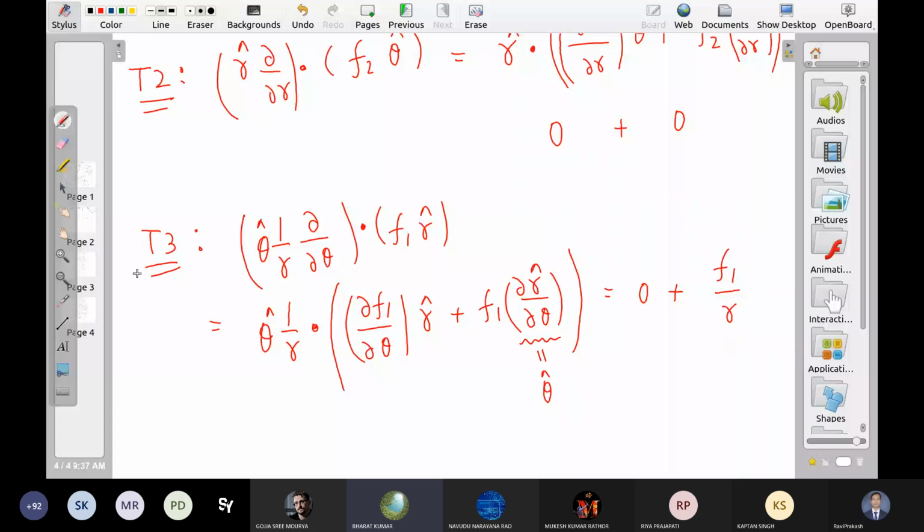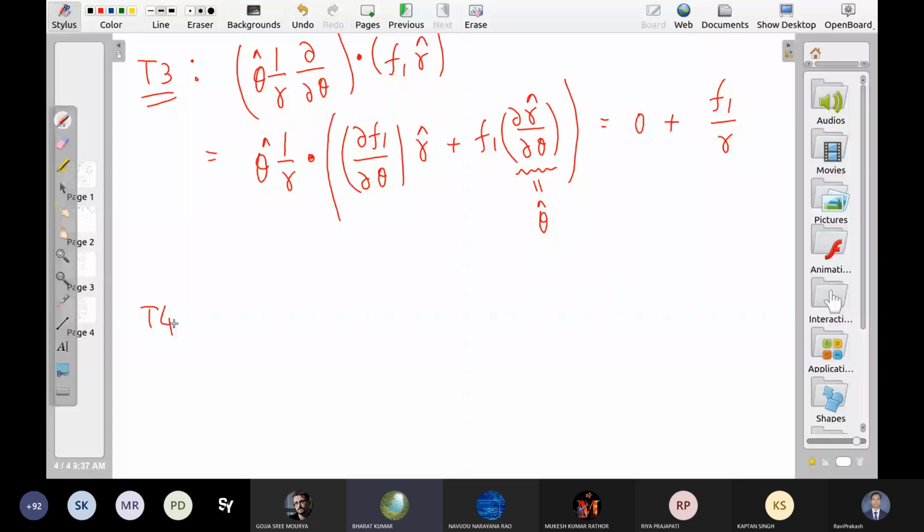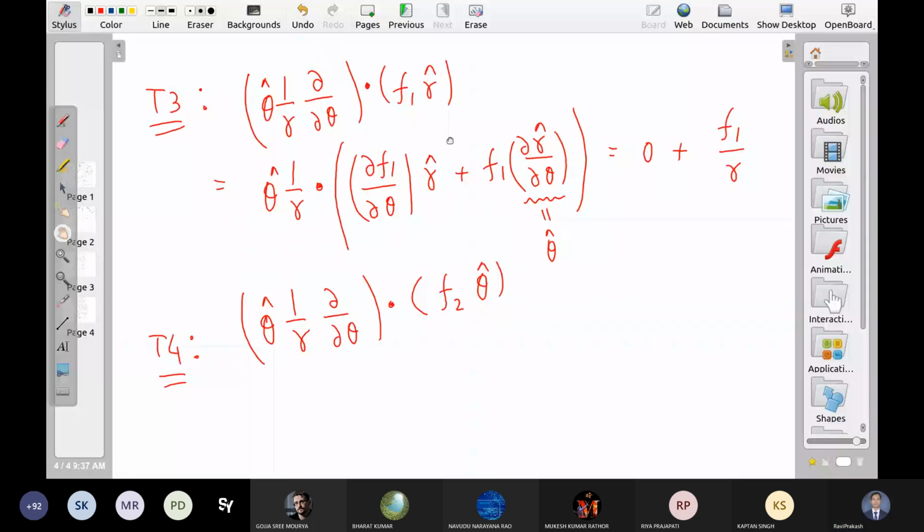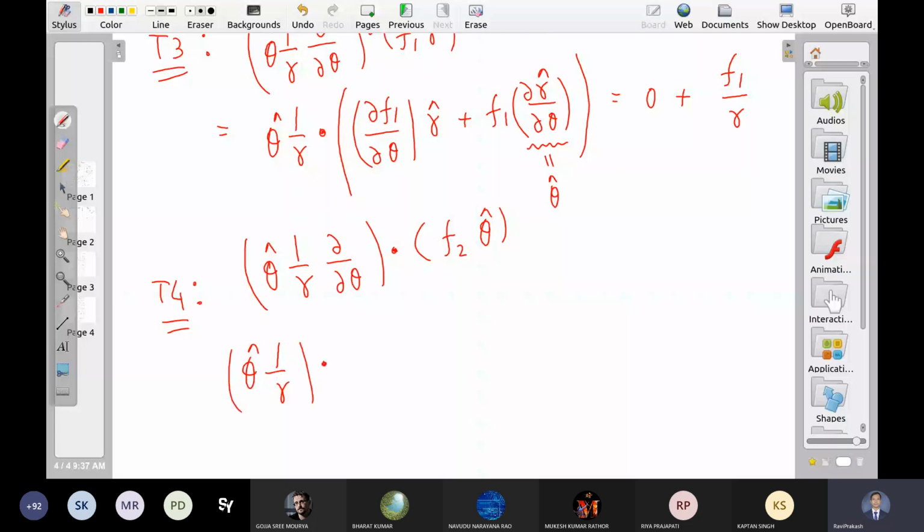Last term T4. F2 theta cap. So theta cap 1 by r dot del f2 by del theta cap as it is plus f2 del theta cap by del theta.